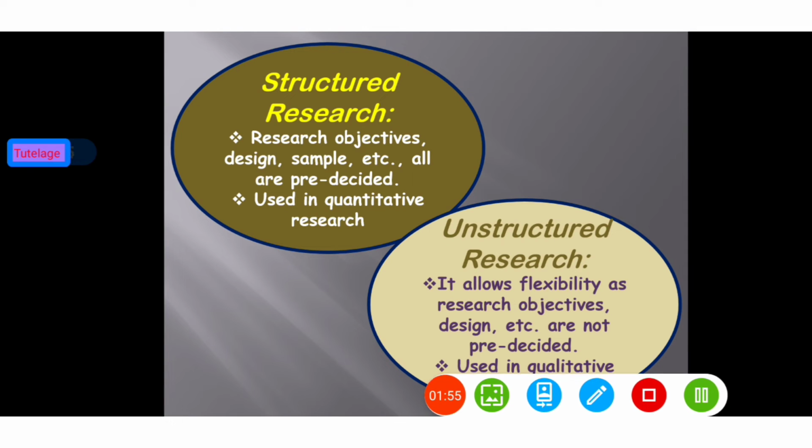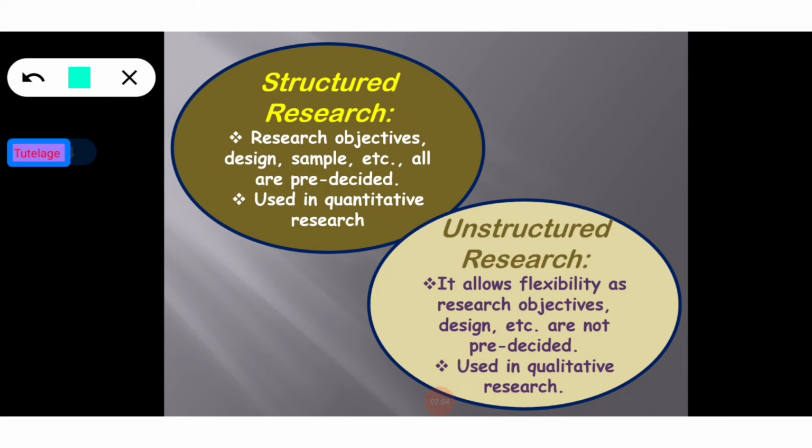So here we can see structured research. What is structured research? In structured research, research objectives, research design, sample size, and data collection method are all pre-decided and in structured form. Structured research basically helps developers deal with the size and complexity of large-scale projects.